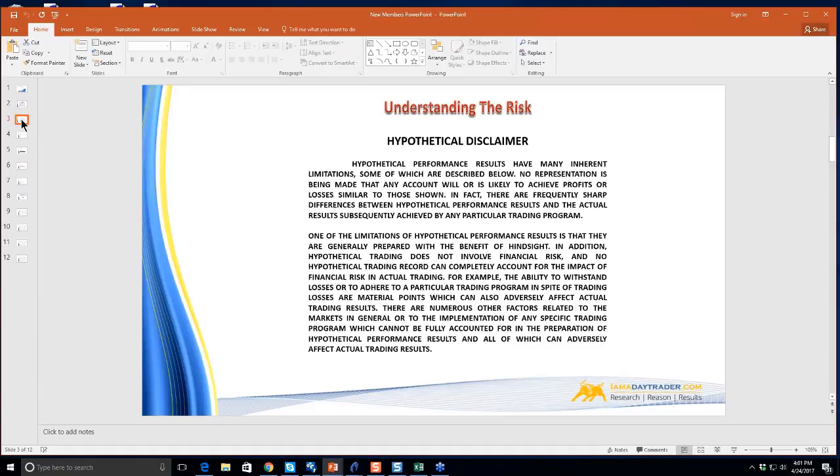Hypothetical disclaimer. I use a lot of research in using my TradeStation, and so I create a lot of statistical information. It's hypothetical because when you try to do a back test, you have to look at not a week's worth of trading. I know Ray talks about doing 100 trades.